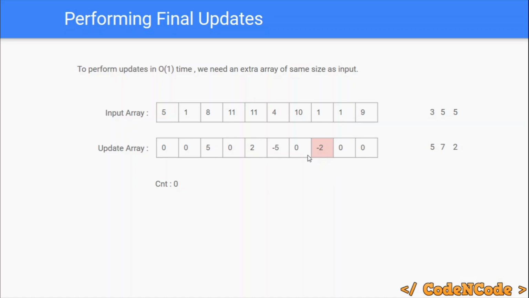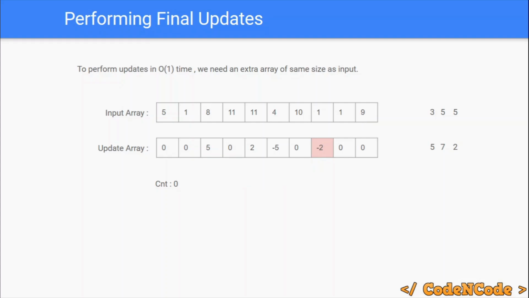Because we are going out of bound of this update, and since we are going out of bound, this should be nullified, and that is why we have added -2 at index R plus 1, and when you add this into count, it becomes 0, of course, and now nothing would be added here. We move on to here, nothing would be added here. Basically, these three won't change, and that is how we perform updates.